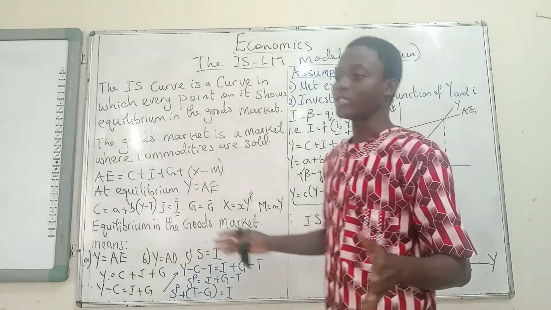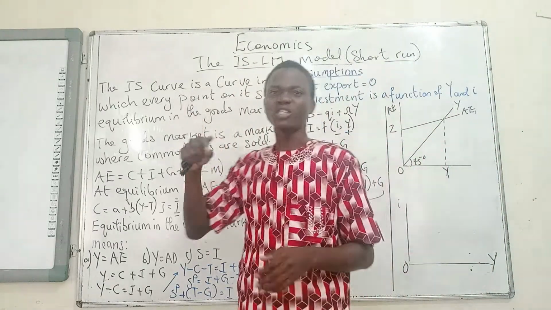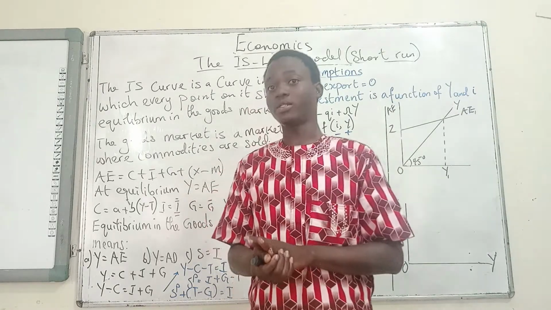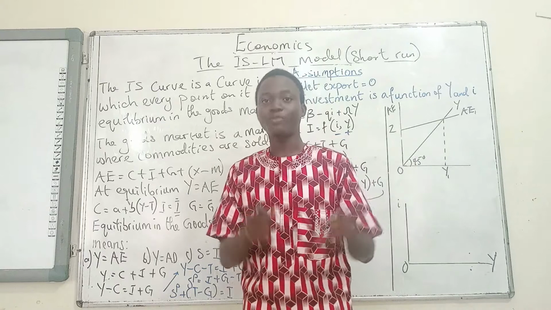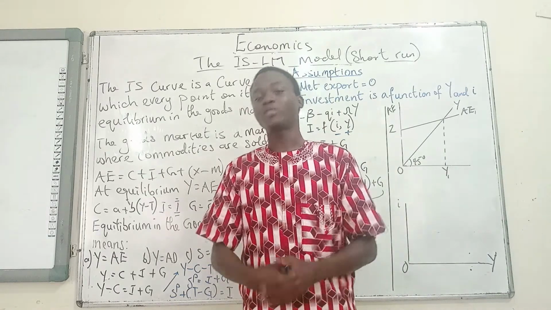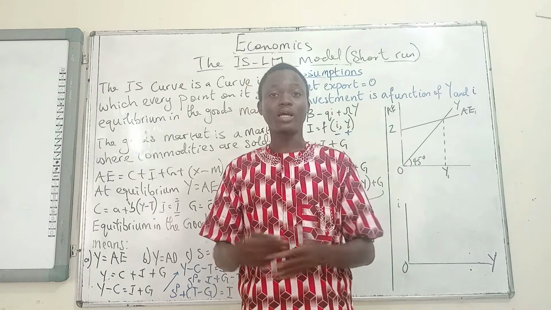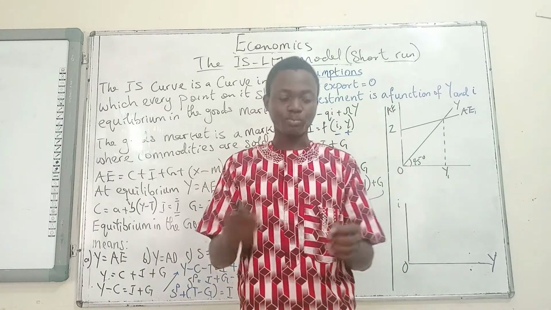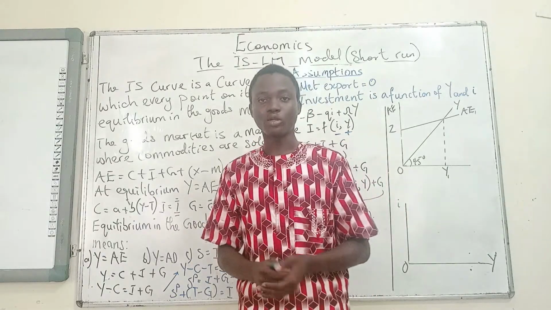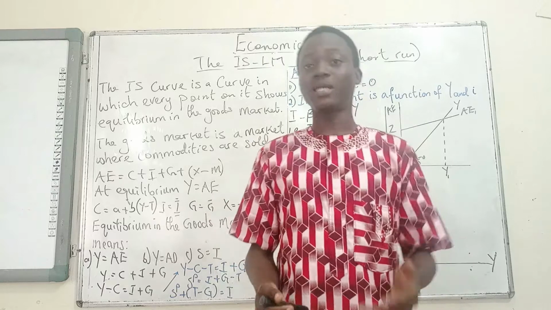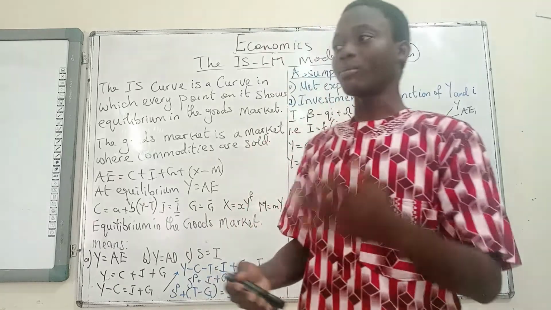So whenever you see an IS curve, every point on it shows equilibrium. If you're familiar with your indifference curve, you must have understood that every point on an indifference curve gives a consumer the same amount of utility. As well, if you're familiar with isoquants, talking about microeconomics now, every point on an isoquant talks about different combinations of labor and capital that yield the same amount of output for a producer.